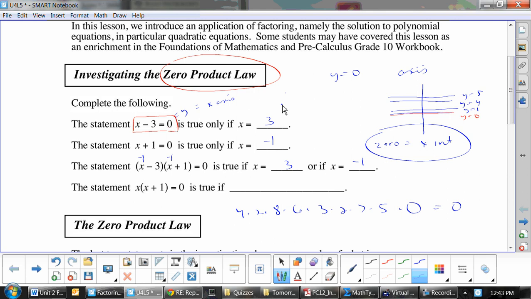Now, the next one. When would that statement be true? When does x times x plus 1 equal 0? When x equals... Let's go left to right. There's an x in there. What would make that all equal 0? 0. And what's the other one? Negative 1.